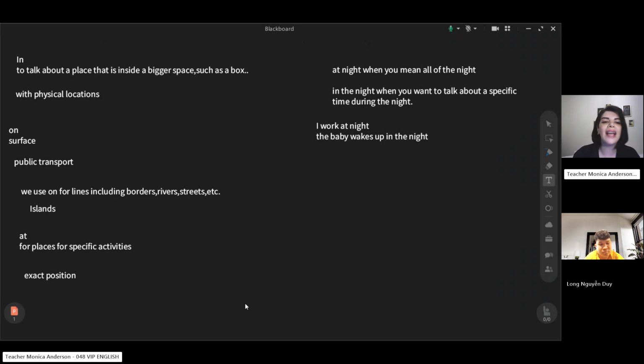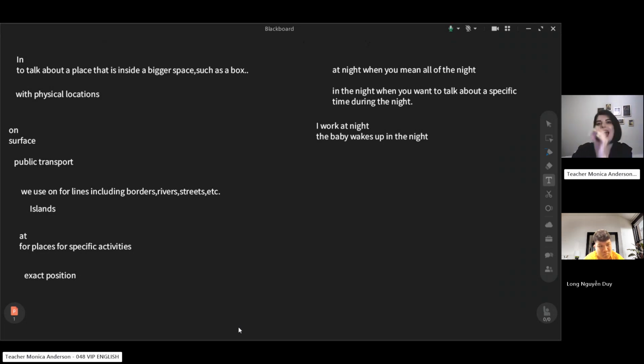And the last one is on. It's a bit more specific: days and dates. For example, on Friday, on 16 October. If you say, for example, in July, but on 30 July.